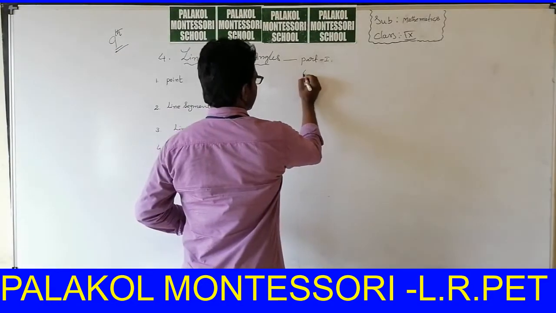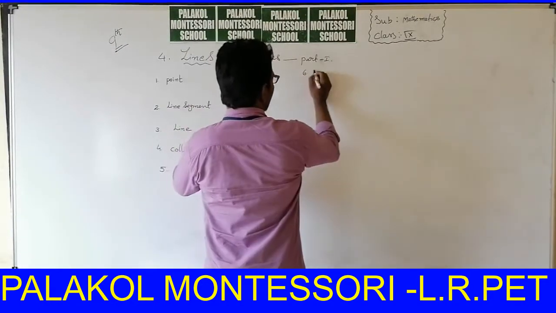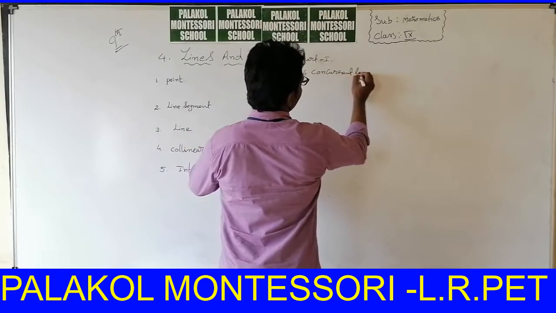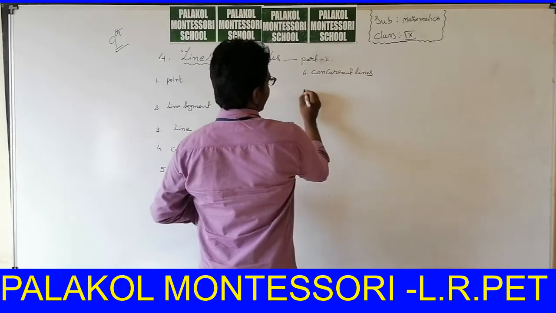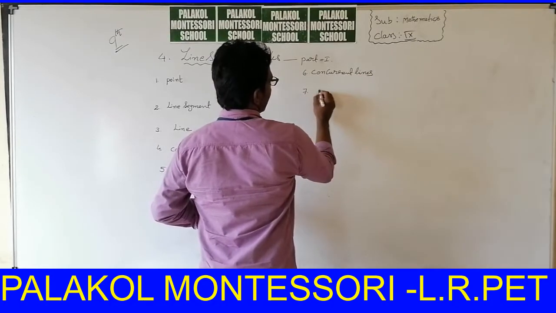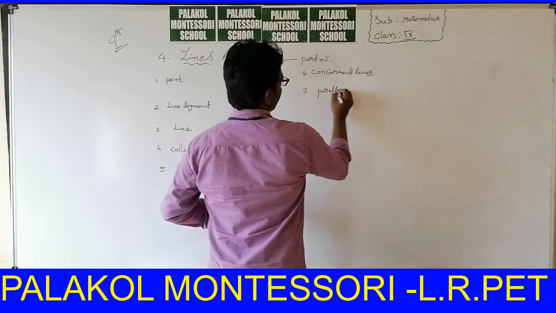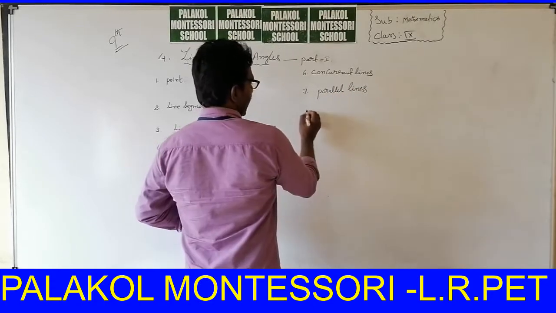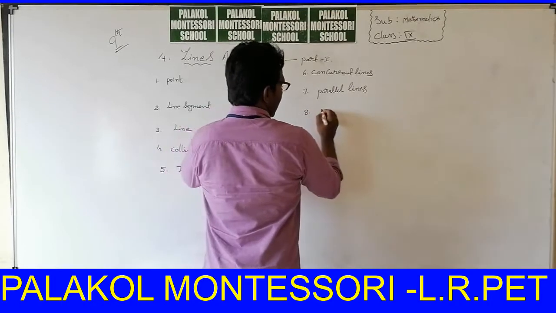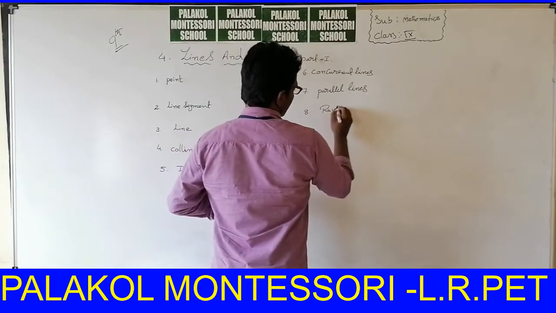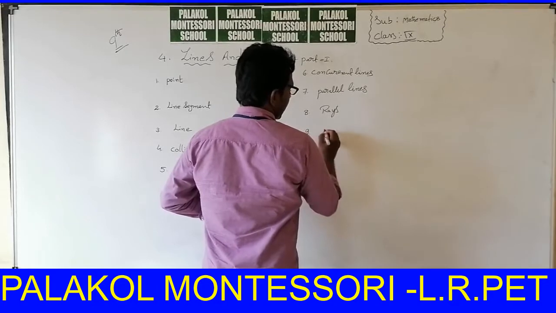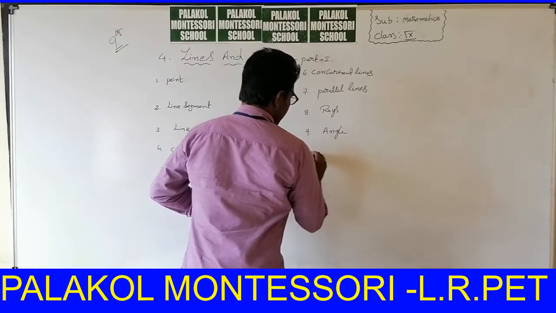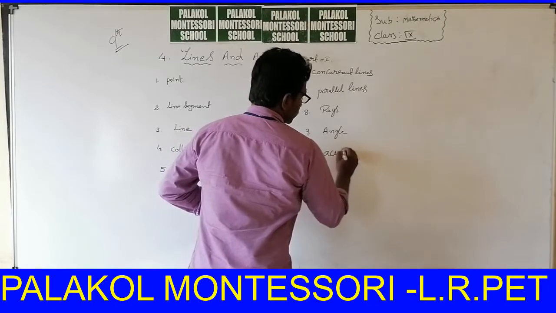Sixth one is concurrent lines. Seventh one is parallel lines. Eighth one is a ray. Ninth one is an angle. 10th one is an acute angle.